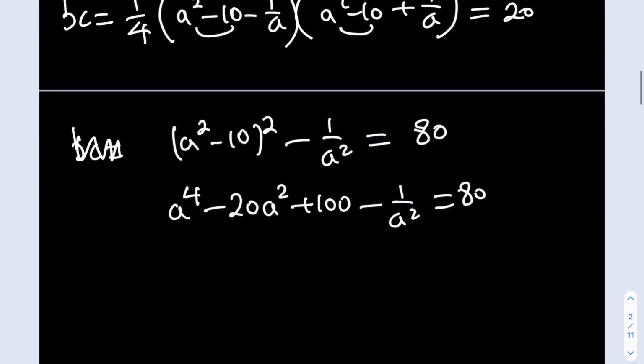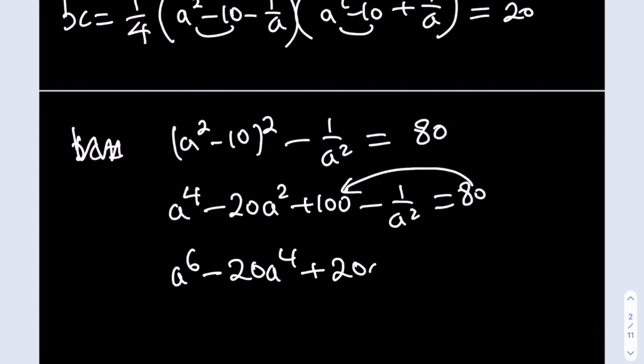Now we can multiply both sides by A squared. That's going to give me A to the 6th power minus 20A to the 4th. Actually, I could bring the 80 over here, and that's going to give me plus 20, and multiply by A squared, that's going to be 20A squared, and then minus 1 equal to 0 here.